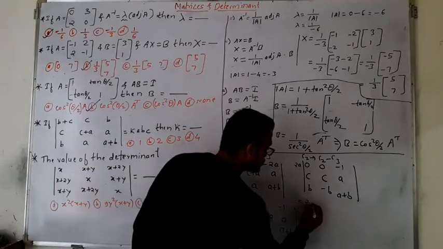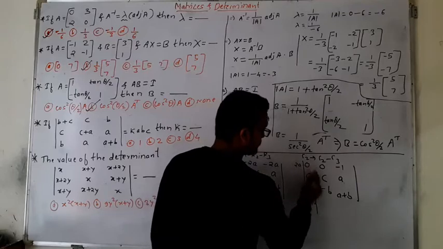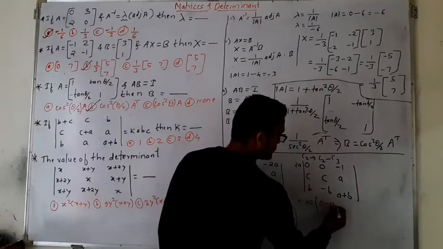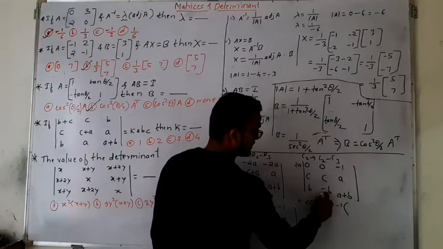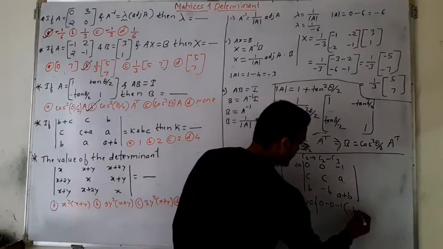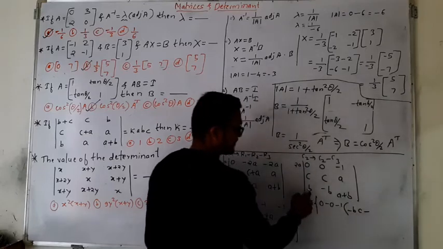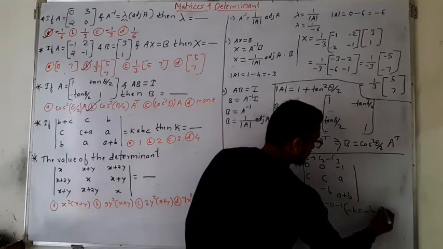Expand the determinant, that is 2A into, this is 0 minus 0, so minus 1 into, leaving the first row and third column, minus B into C, that is minus BC, and minus B into C is BC.